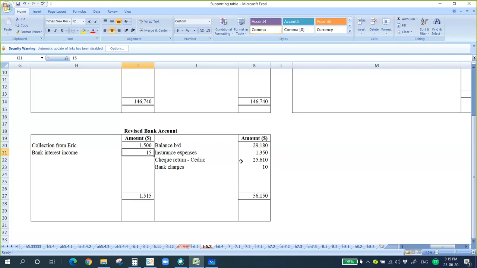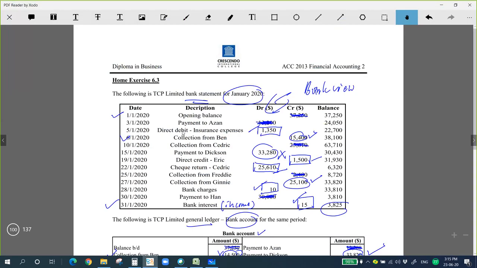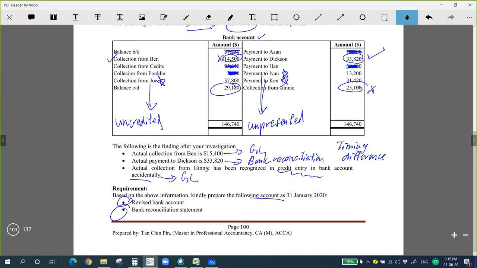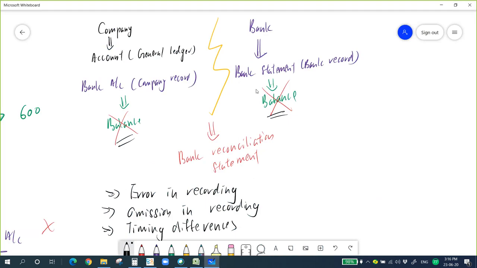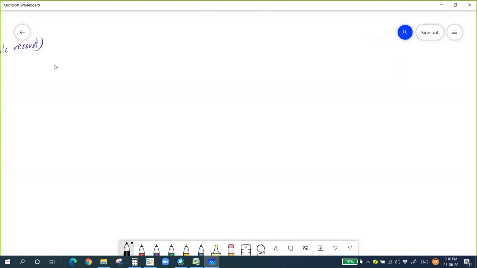Next, we have to rectify this, right? Then 15,400. So let me show you the working. So this is the correct one. This is the wrong one.